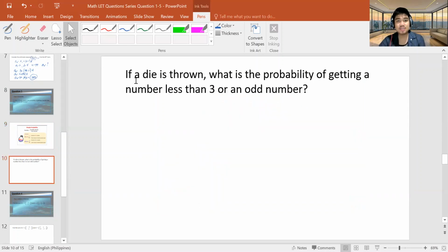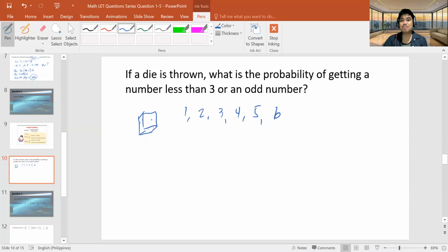So, let's start. If a die is thrown, what is the probability of getting a number less than 3 or an odd number? We know the numbers on a die: we have 1, 2, 3, 4, 5, and 6 on a single die. What is the probability that we get a number less than 3?